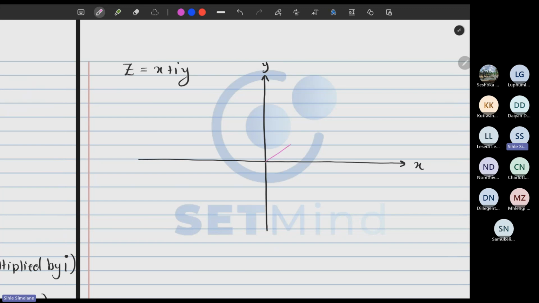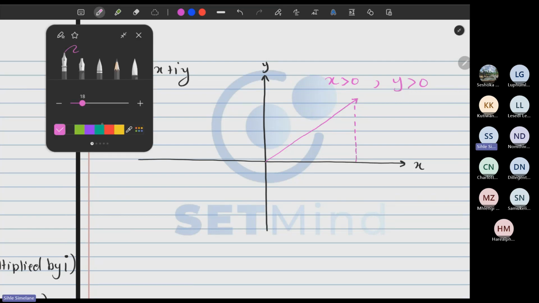If your x is greater than 0 and your y is greater than 0, your complex number will be in the first quadrant, meaning your real part is positive and your imaginary part is also positive. And we are looking for the argument, which is theta.